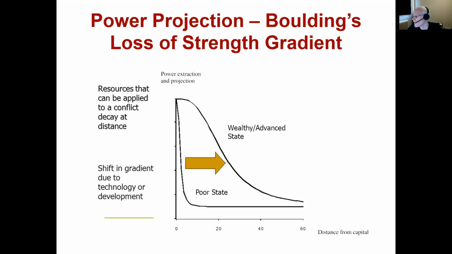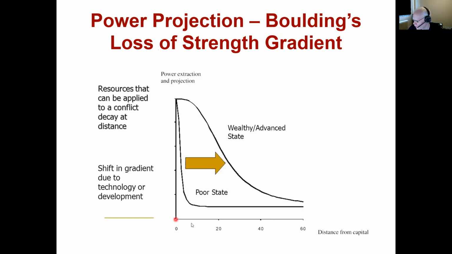So on the, hang on, let's get out the spotlight. So here on the power extraction and projection, the amount of power you can bring into a particular conflict decays over distance.